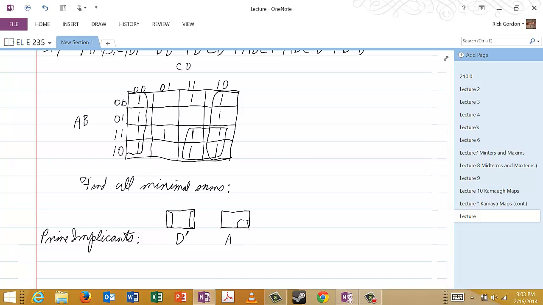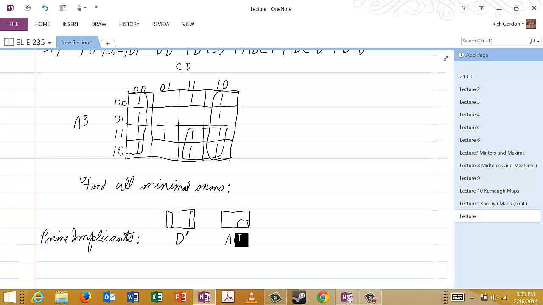No, because B is equal to 1 in the third row, and B is equal to 0 in the fourth row, and since B is changing within this prime implicant, it will not appear. What about C? Well, C is equal to 1 in this column, and 1 also in this column, so in fact it will appear. What about D? No, D is equal to 1 in this column and 0 in this column, and since D is changing, it will not appear. So this prime implicant of size 4 1 cells has a name with 2 variables, and the name is AC.